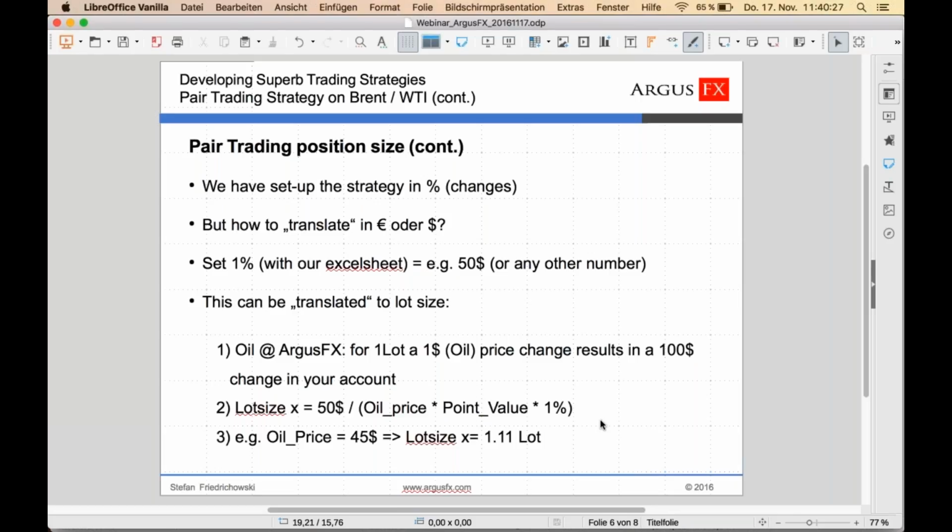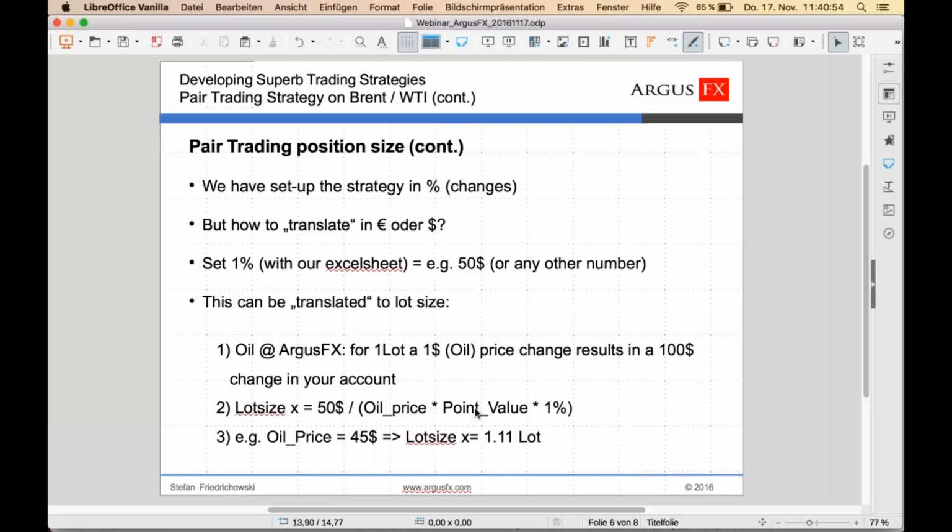So it's how to calculate. If we want to set finally a 1% within all our considerations within our Excel sheet, then the lot size for a single trade is calculated like this. We take that number, this $50, and divide that by the oil price, whatever, Brent or WTI.